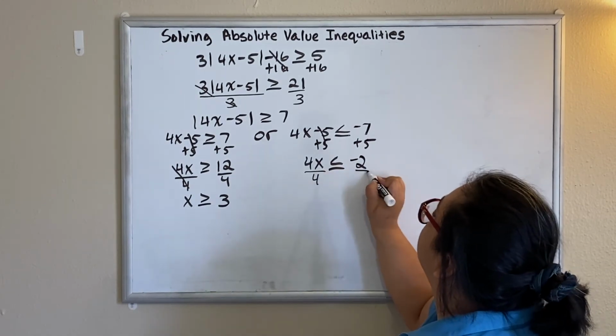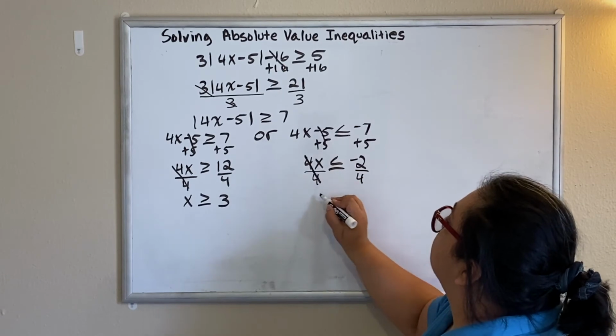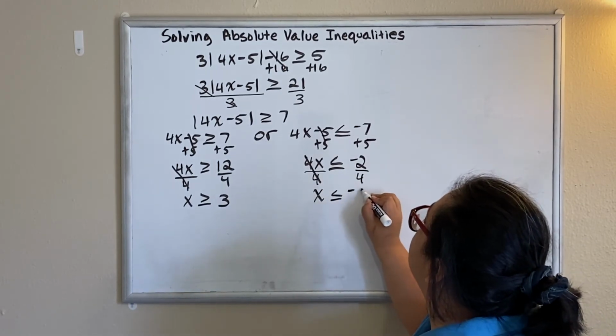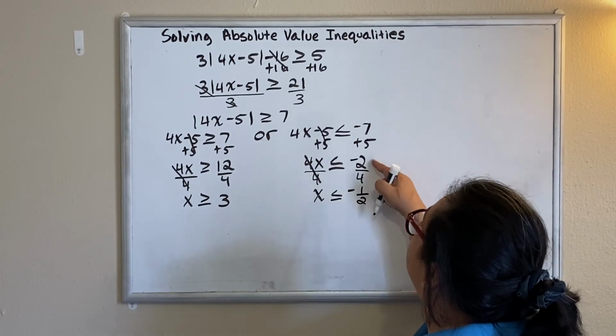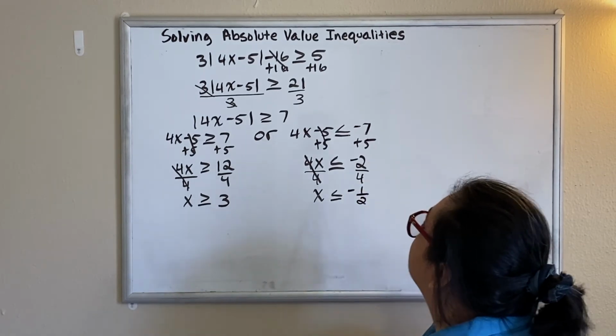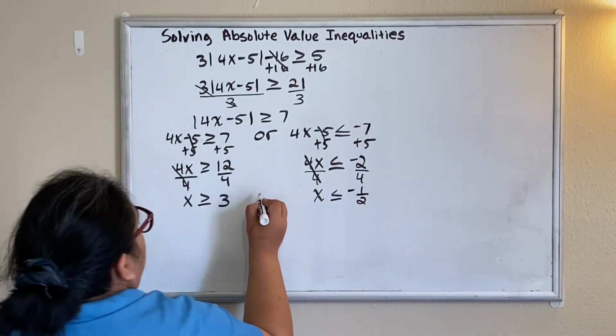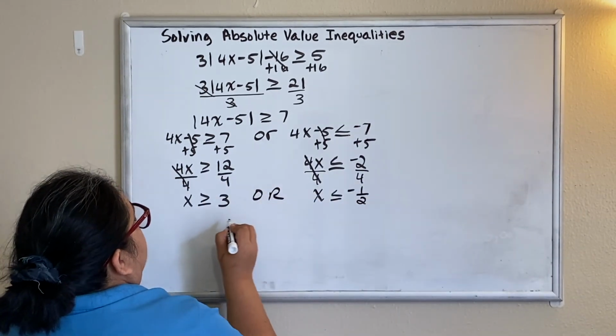Dividing by 4 on both sides here reduces that, and we get x is less than or equal to negative 1/2. Negative 2 over 4 reduces to a negative 1/2. So now we can put this on a number line, and remember, this is an OR statement.